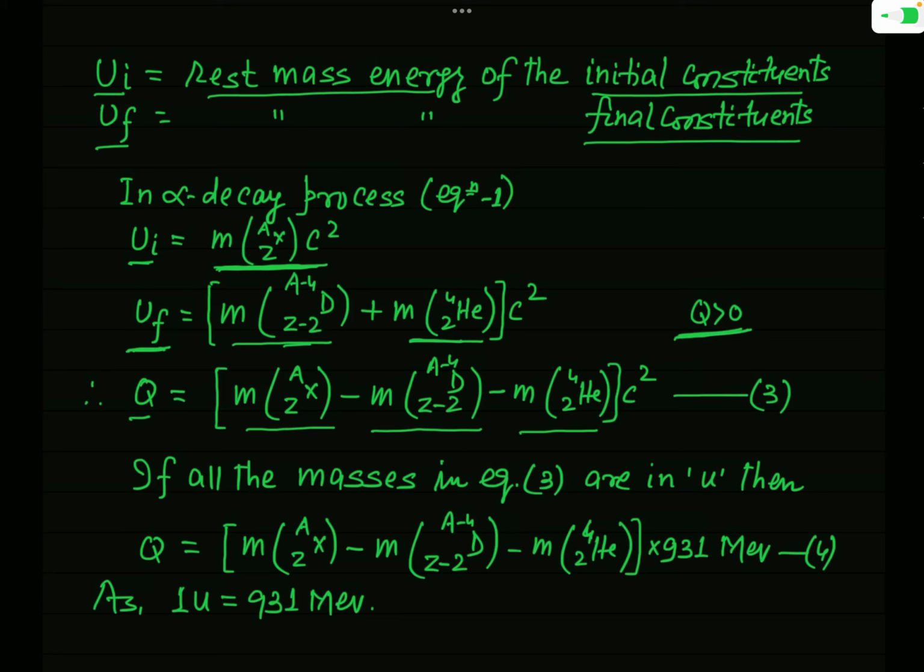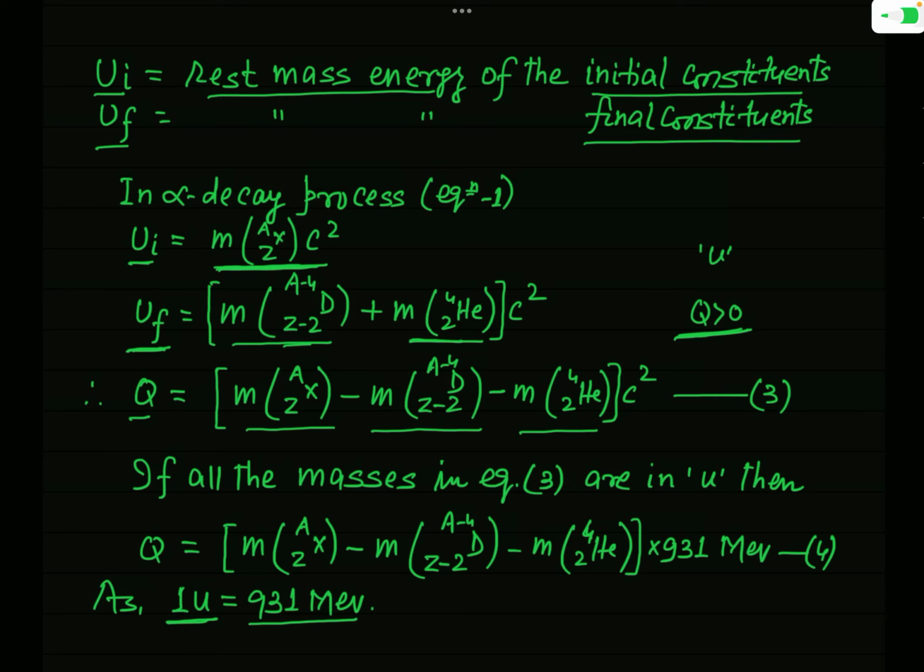Now you know that if all the masses appearing in this equation 3 are in unified mass unit, or you can say atomic mass unit, and you have definitely studied that one atomic mass unit or 1 u is just equivalent to 931 mega electron volt.